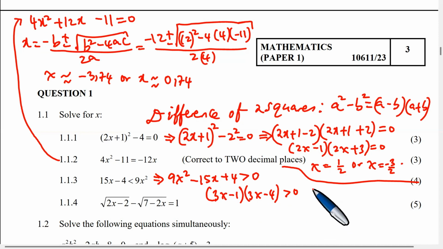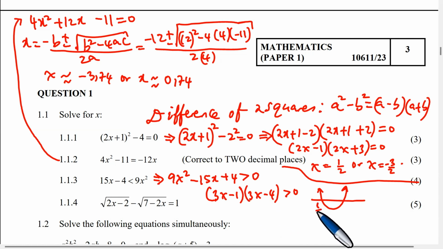Right, a couple of things to realize here. The things that are with the marks, they are critical values, and this has a minimum vertex. You look at the coefficient of the x squared, which is 9, a positive number, therefore it is a minimum vertex. You put the critical values here, you have, for instance, 1/3, and you have 4/3.